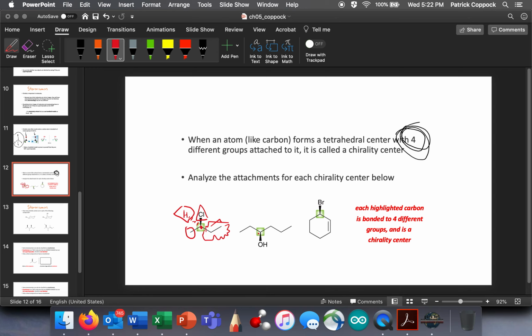What about this? Don't forget there's a hydrogen here, right? So I've got circle, square, triangle, and hairball. And all 4 of those are different. So that is a chiral center, right? Now look at this. Here is another hydrogen, right? Circle, square, aha.